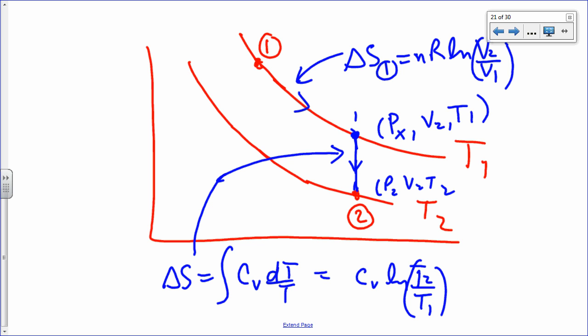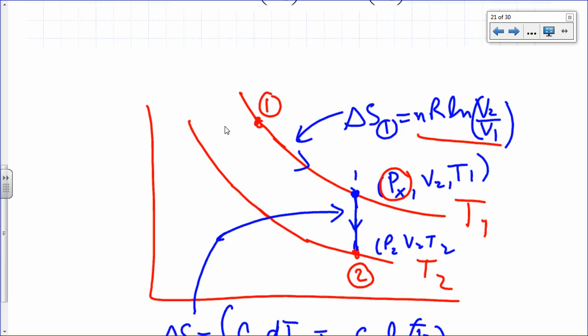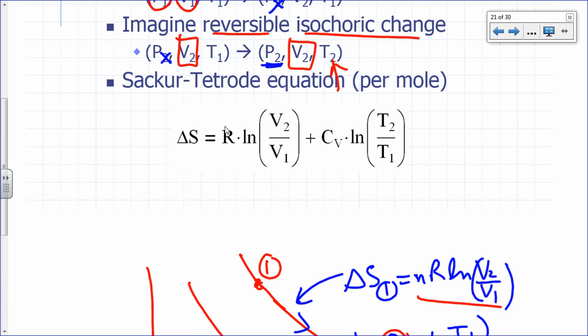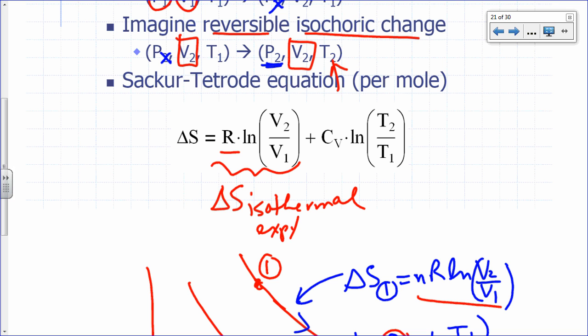The nice thing about this approach is you don't have to worry about what that Px is, because your formulas don't involve P. So your formula is this. For 1 mole of gas, it's R ln V2 over V1. This is the delta S for your isotherm, for the isothermal expansion or compression.